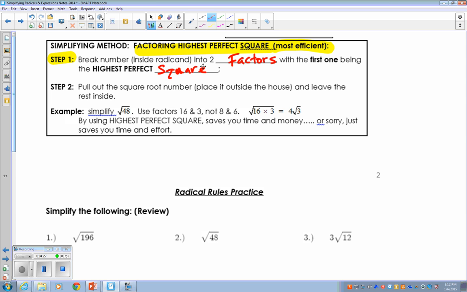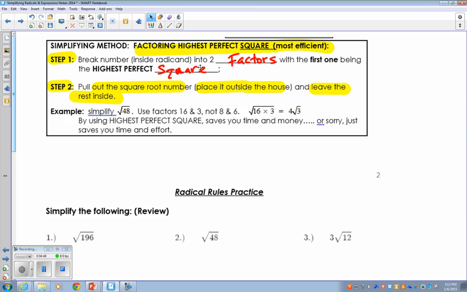Step 2 is we're going to pull out the square root number, place it outside the radical symbol, and leave the rest inside. Perfect squares are going to come out. Everything else is going to remain inside.